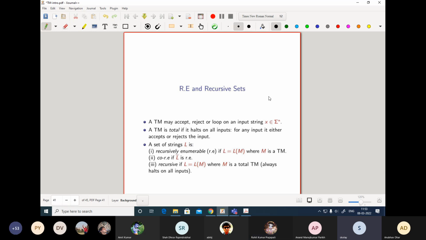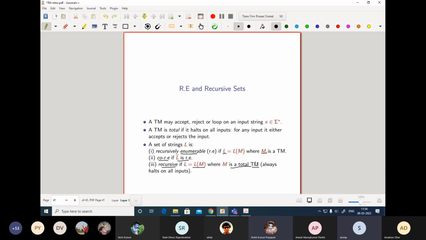And a set of strings is said to be recursively enumerable if this set is the language of a Turing machine. It is called co-recursively enumerable if the complement is recursively enumerable, and it's called recursive if it's the language of a total Turing machine, meaning that this language is accepted by a Turing machine which has some more properties.